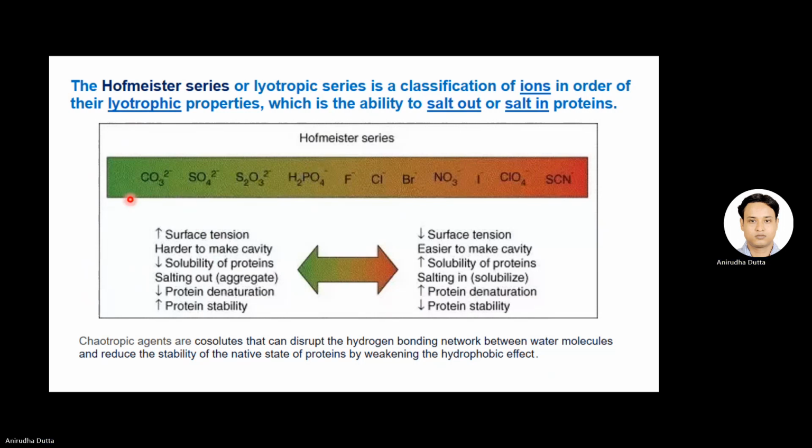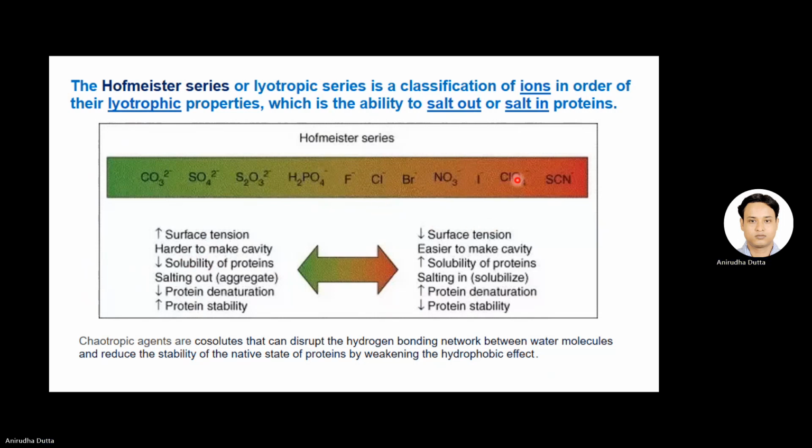You can see the anions which are more complex and have multiple negative charges have a better lyotropic effect, meaning they will increase surface tension, reduce solubility of the protein, or cause salting out, whereas protein denaturation is low in the presence of these salts. These salts don't denature the protein, and stability of the protein is quite high in their presence. So that means these salts can precipitate but don't denature the protein.